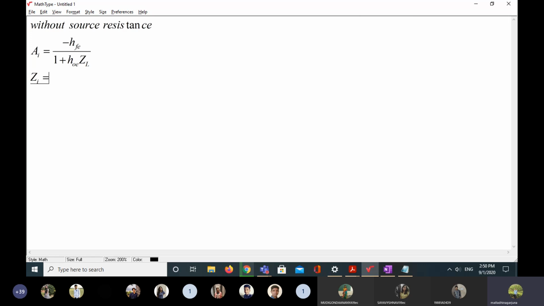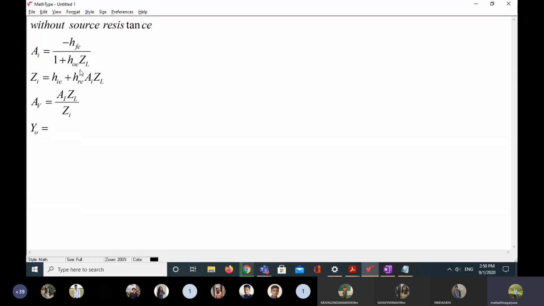ZI equal to HIE plus HRE AI into ZL, this is input impedance. AV equal to AI into ZL by ZI.